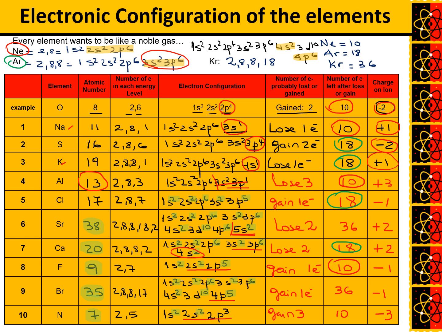And then the ones that I have here, 36 and 36, are going to get the configuration of krypton that has 36. So you have to be able to see if they are going to lose or gain electrons by getting the configuration of a noble gas.